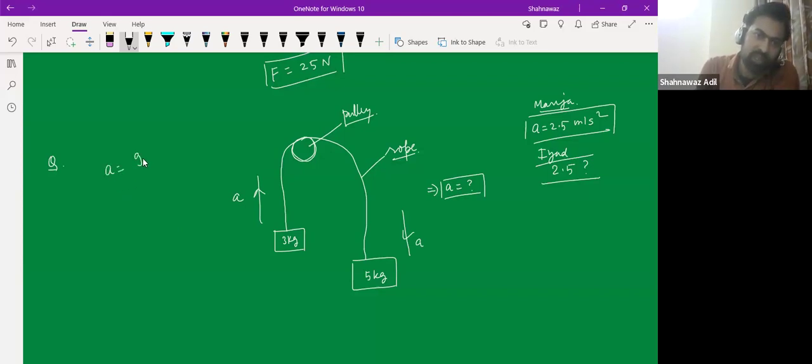This was g times m1 minus m2 divided by m1 plus m2, and we always write the heavier mass first. So this m1 is heavier. If we apply this, g is 10, this is 5 minus 3 divided by 5 plus 3. So this is 10 into 2 by 8, which is 10 into 1 by 4, so 2.5.